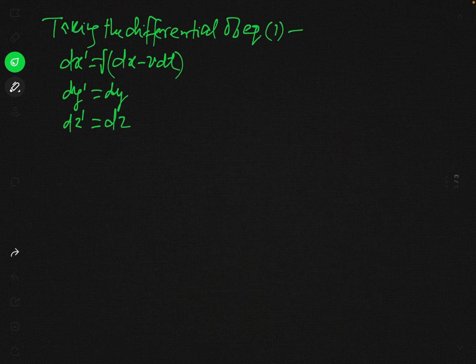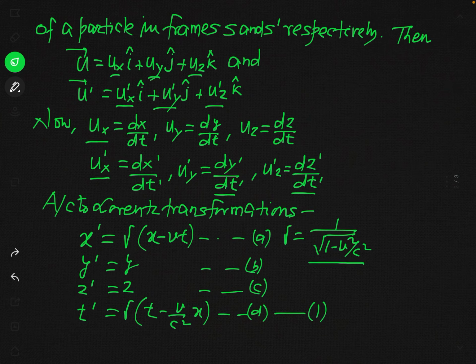Now see the equation for t prime. When we find dt prime, gamma is again a constant, so it will be outside the operator, and the differential of the bracketed term will be dt minus v over c squared times dx.